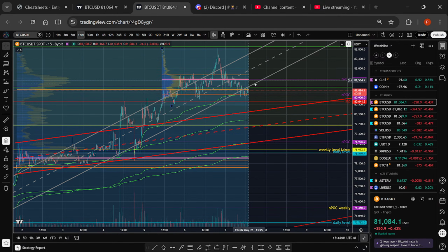Once it gets back up into this channel that we've had here, as you can see, every time it goes out, it comes back in. So that's what we wait for. You can even get in a long on the retest once it comes in and retests the channel, or you could have got in here when it was at this confluence of all those things that I just mentioned, the VWAP, MPOC, and this VAL, this small fixed range volume profile, right?